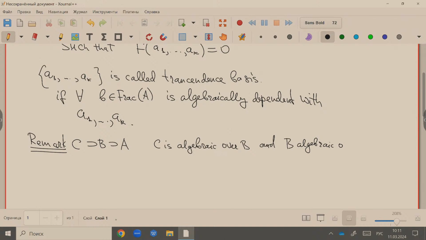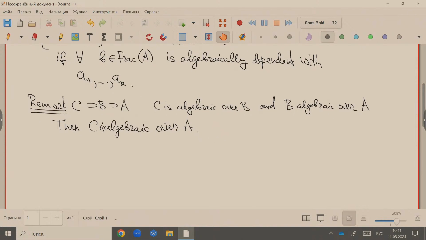then C is algebraic over A. Notice that we have proved this for integer elements, but if we are working over a field, integrality is equivalent to being algebraic.